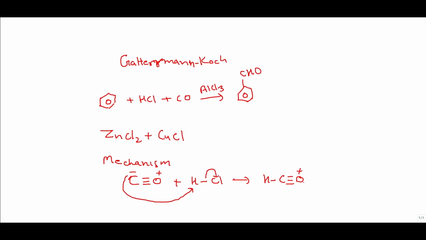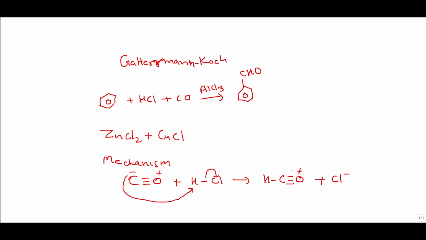In this species, in the product, positive charge is present on oxygen atom. A negatively charged Cl minus ion is also produced as a product. Oxygen has a positive charge, but it won't act as an electrophile because oxygen cannot make a fourth bond.